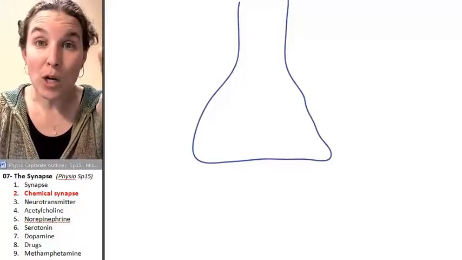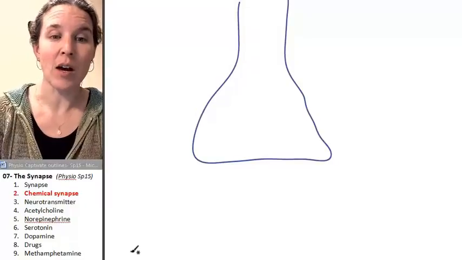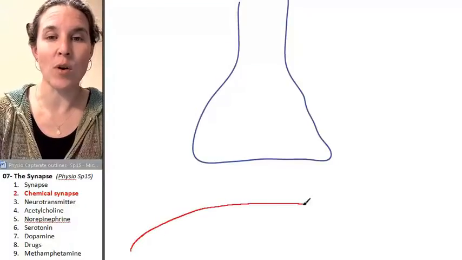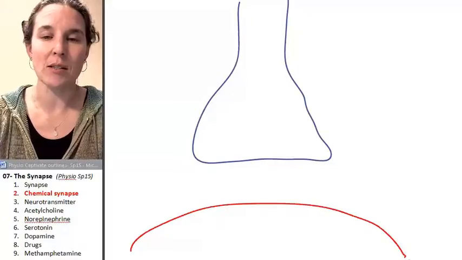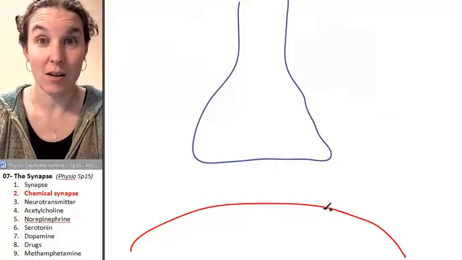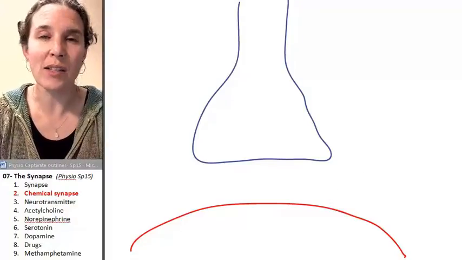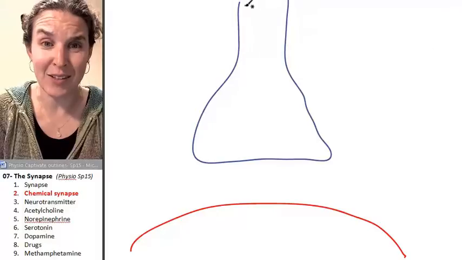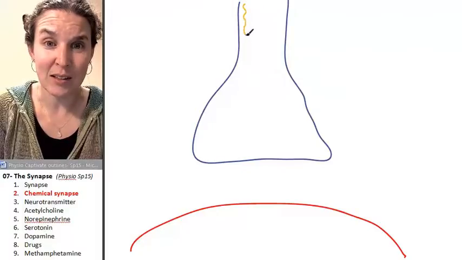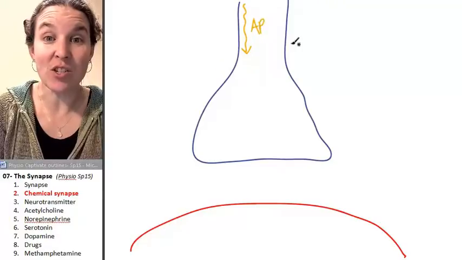The next person in line could be another neuron, or it could be an effector. I'm just going to make a rather amorphous, like who knows what this thing is. It's either another neuron or an effector. What do we know is traveling down this neuron? Dude, an action potential is coming.